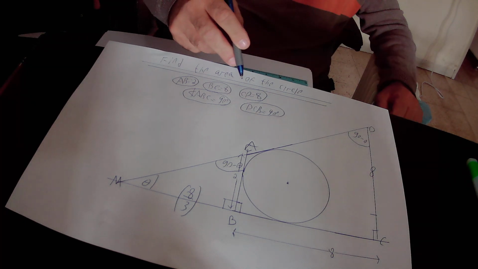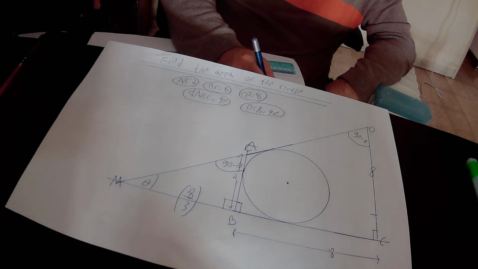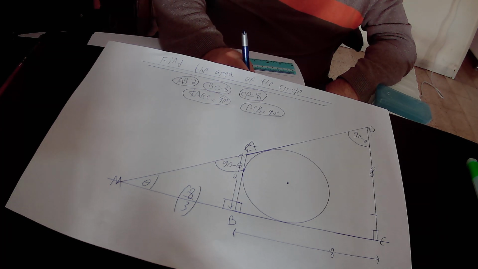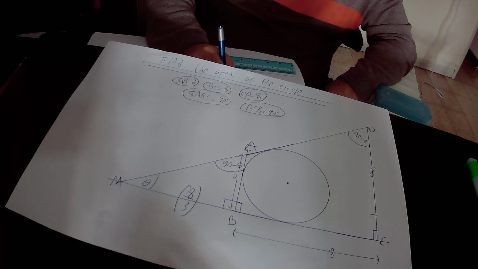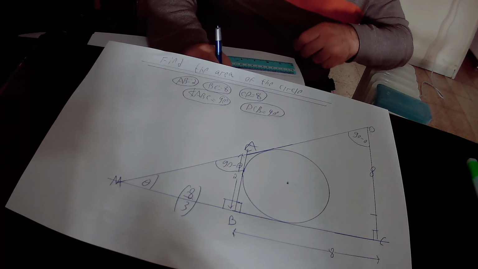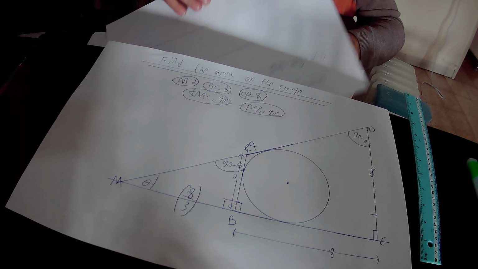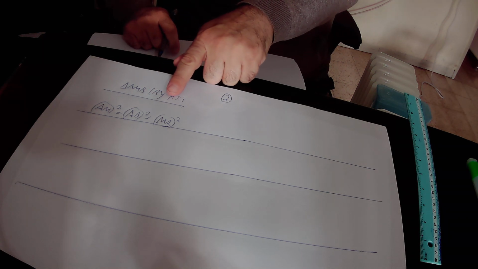The hypotenuse in the right triangle is AM, so AM squared equals AB squared plus MB squared. Repeat again: in the right triangle ABM, AM squared equals AB squared plus MB squared.